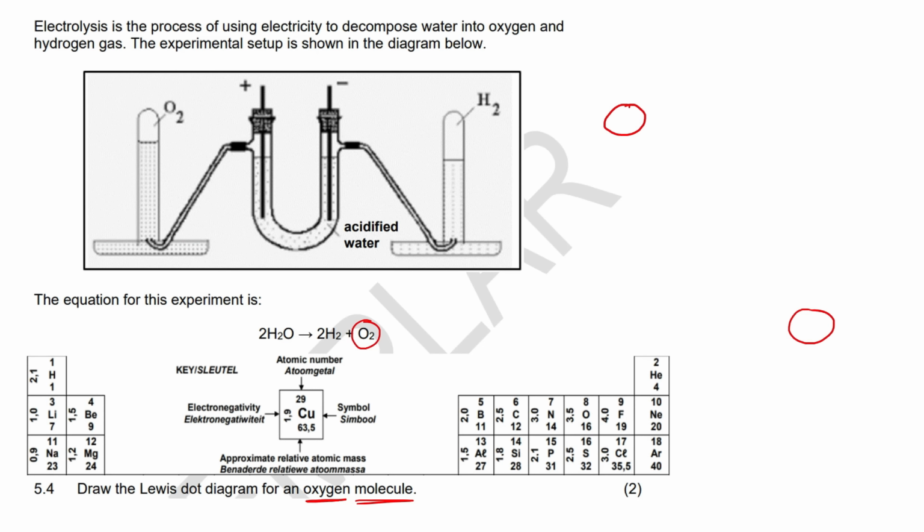And we know that with Lewis diagrams, we count the group. So this is group 1, 2, 3, 4, 5, 6, 7, and 8. So oxygen is in group 6. So it's got 6 electrons. So we always start 1, 2, 3, 4. Once you've done those 4, then you can go 5, 6.